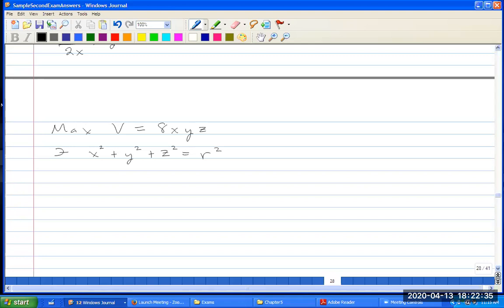Now, I'm going to do this two different ways. The first way is to reduce this to a different problem. So I'll have to make some assumption.